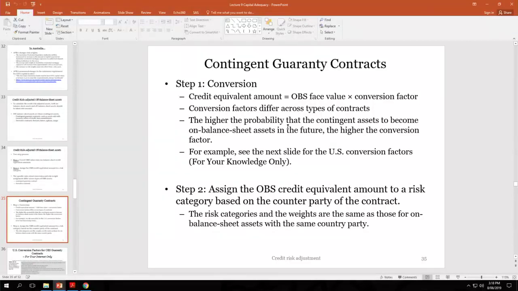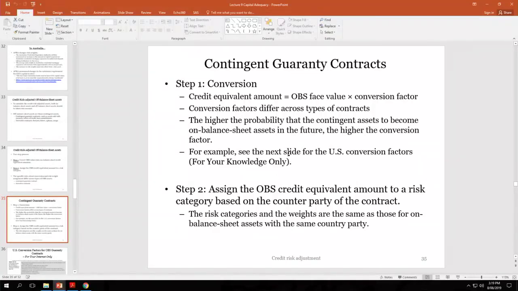So what we're trying to do is multiply the face value of the contract by a conversion factor, and this conversion factor reflects the probability that the off-balance sheet item is going to be brought onto the balance sheet, right? So essentially, the higher the conversion factor, the greater the likelihood that the off-balance sheet items will become on balance sheet.